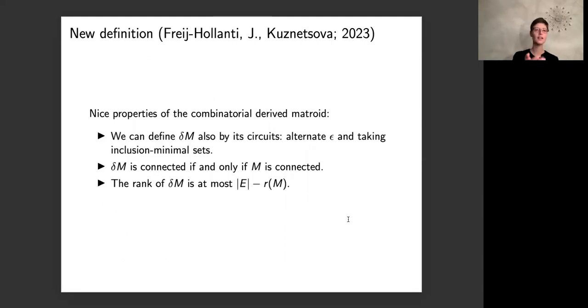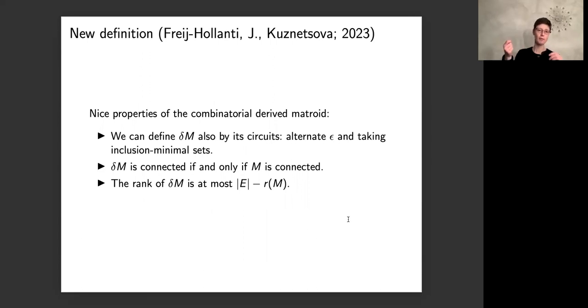So here are the main properties that we actually proved about our new construction of the combinatorial derived Matroid. First of all, you can find a cryptomorphic definition by using its circuits. You start again with the necessarily dependent sets, but then you only take the inclusion minimal of those.